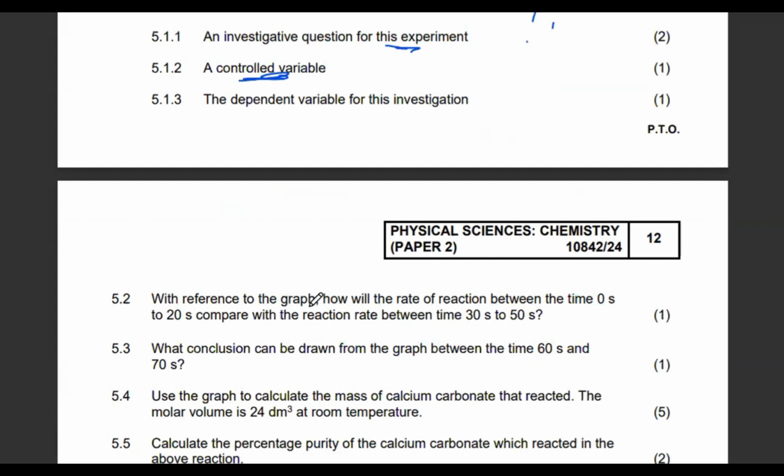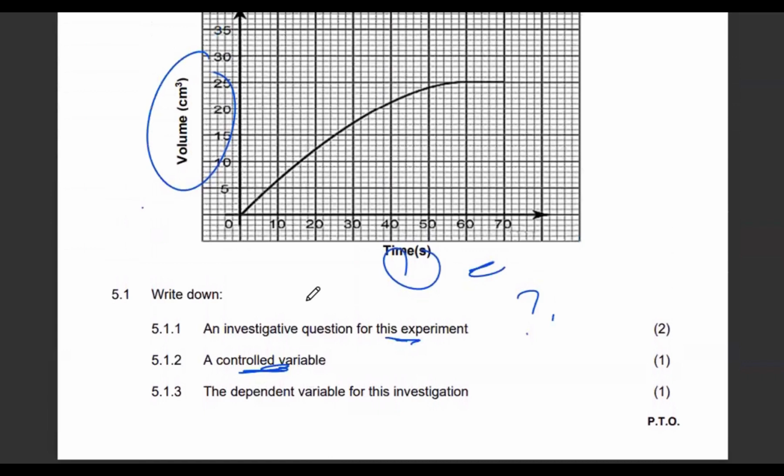What is the dependent variable? Which part is regarded as the dependent variable? When you come back here, you see that the rate of reaction will depend on the concentration you have used, or the impurities.